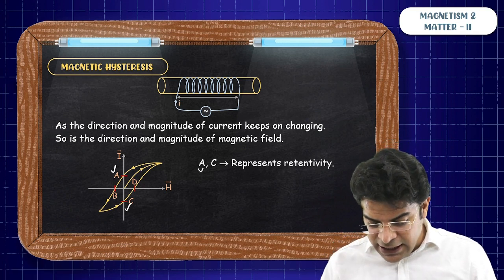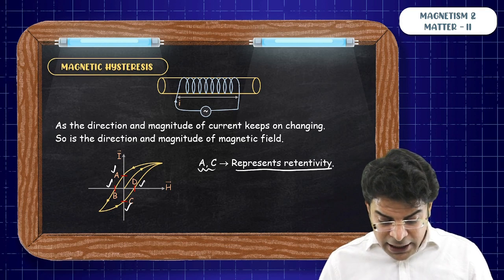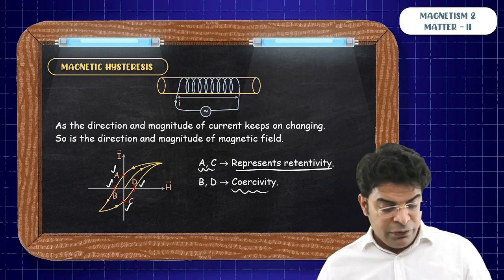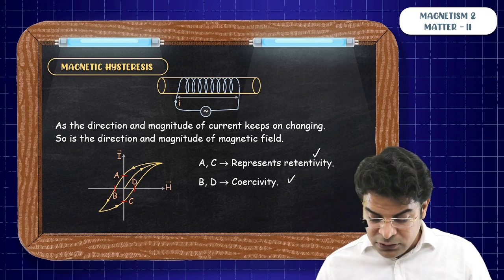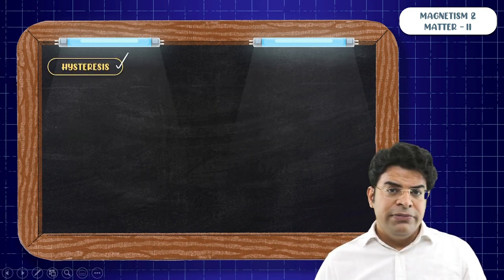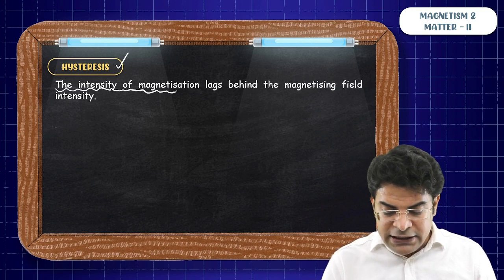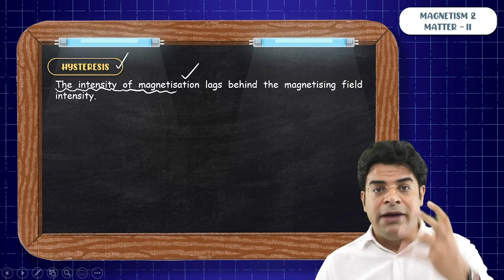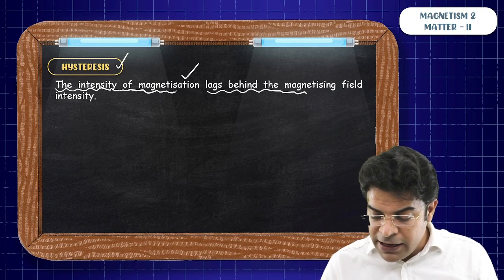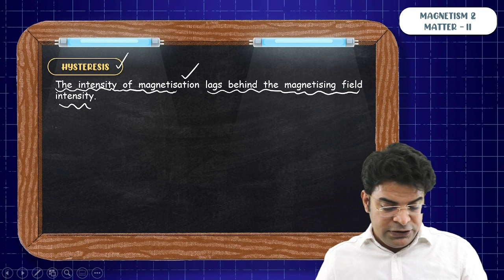So we say that A and C represent retentivity, while B and D represent coercivity. Now let's understand these terms once more because they are important. So hysteresis means what? Do understand, the intensity of magnetization, how much the crystal has been magnetized, lags behind the magnetizing field intensity, the field which is trying to magnetize the substance.